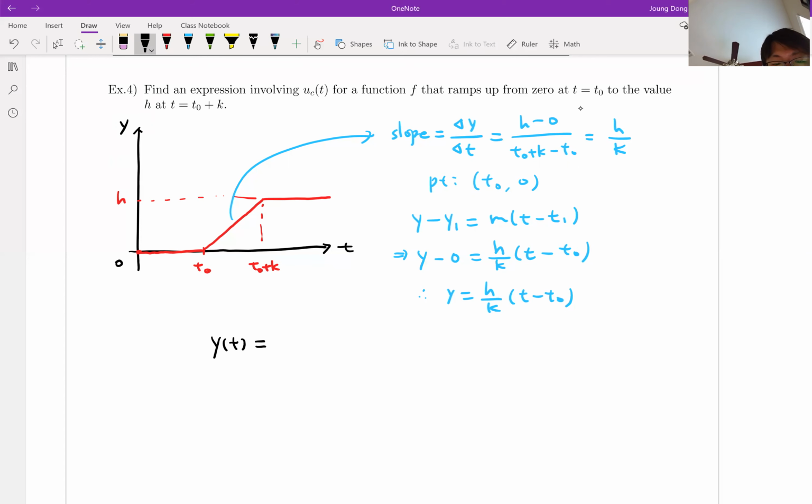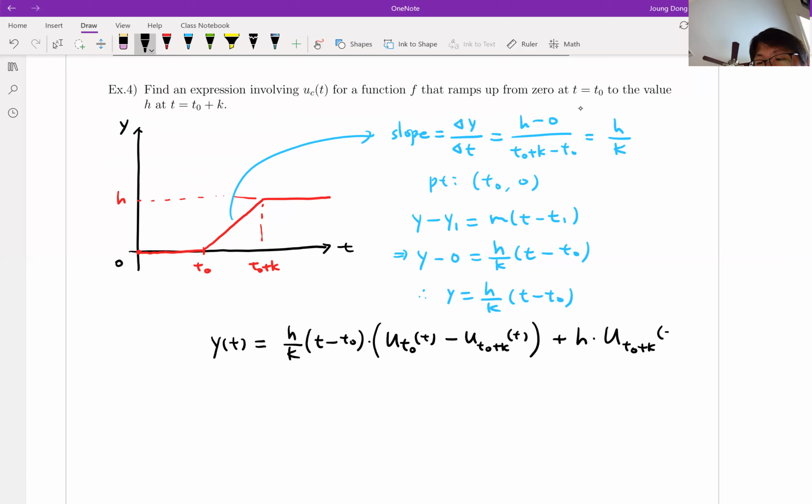So it will be h over k times t minus t0, working from u t0 of t to u t0 plus k of t. After that, it is just a horizontal line with y equal to h, so plus h times u t0 plus k of t. Let me combine the u t0 plus k of t terms, and h over k times t minus t0.